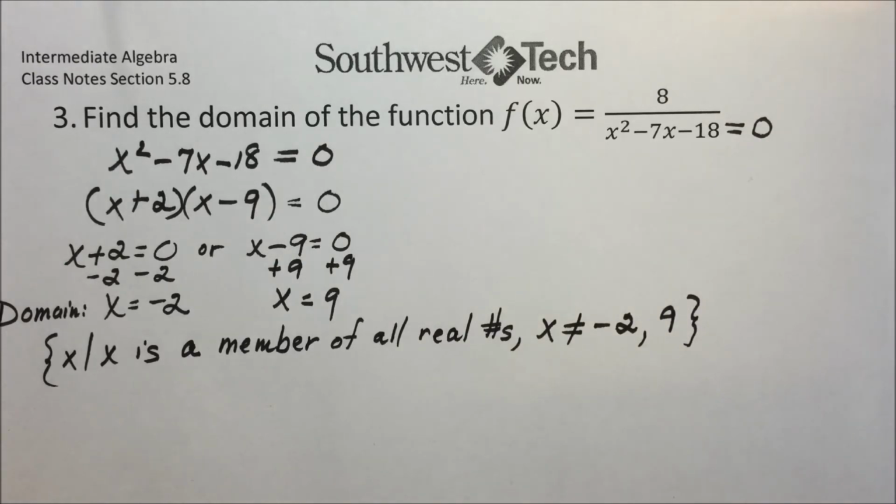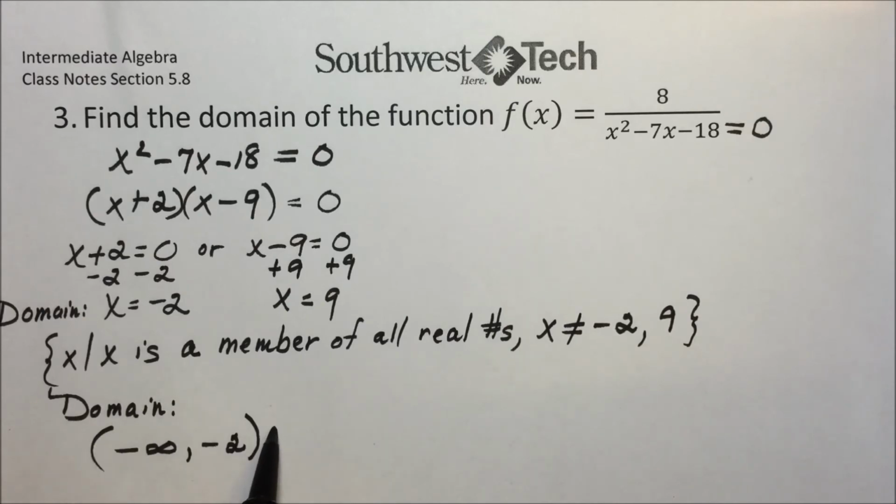If we're using interval notation, we would have the following. Our domain could be listed as negative infinity up to negative 2. We're not including negative 2, so we would put our parentheses, and infinity always has the parenthesis, union with negative 2 to 9, all the numbers between there, but not including them.